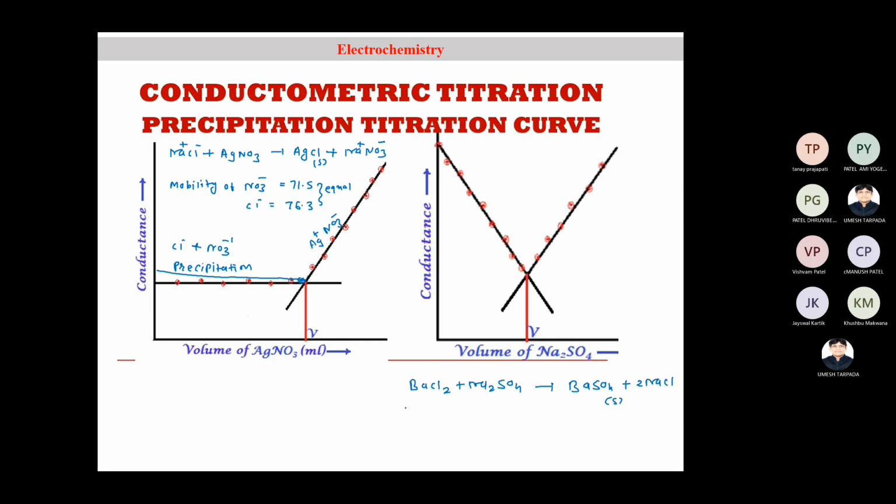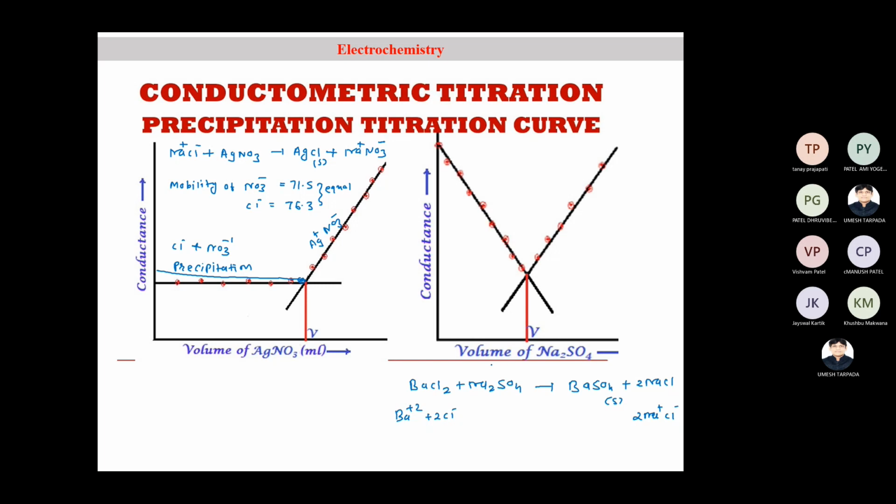So here it's Ba2+ and 2Cl-, and of course here it's 2Na+ and Cl- ion. But Ba2+ is replaced by Na+.